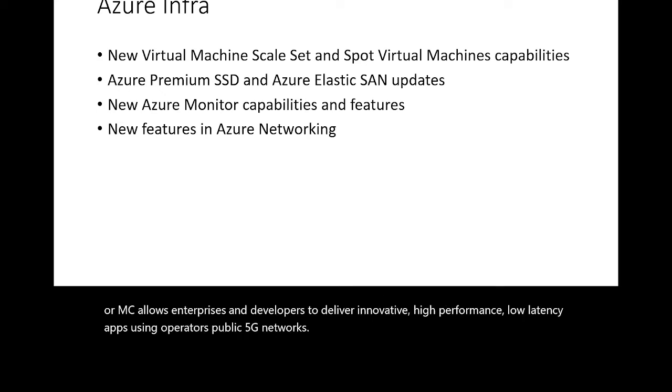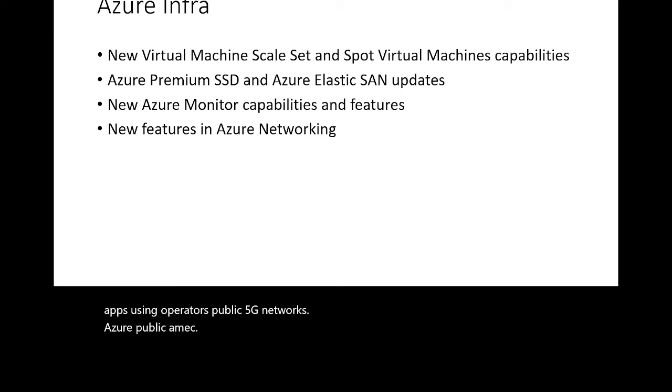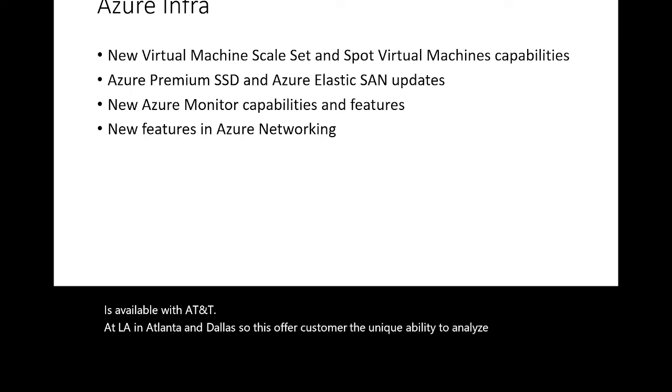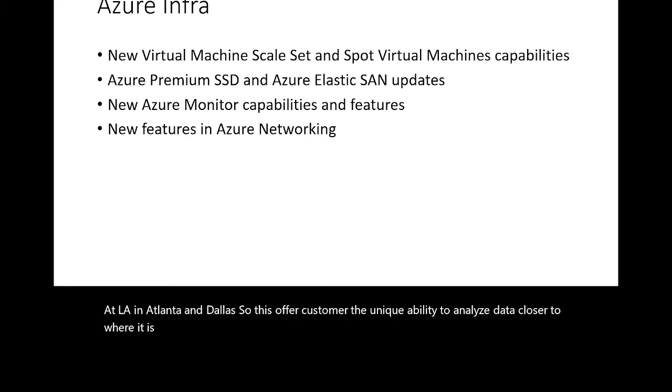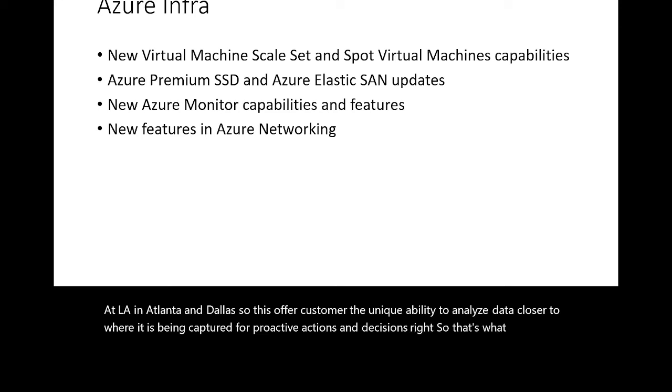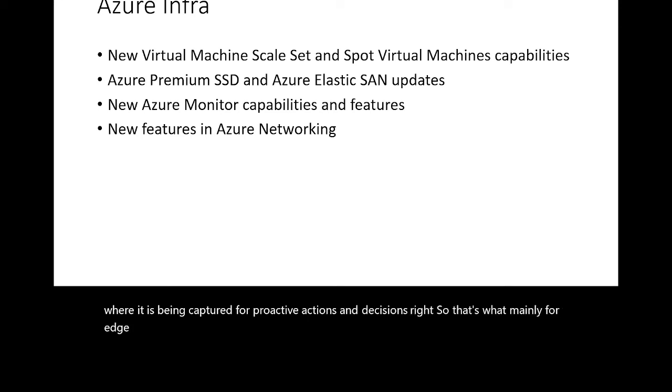Azure Public MEC is available with AT&T in Atlanta and Dallas. So this offers customers the unique ability to analyze data closer to where it is being captured for proactive actions and decisions, right? So that's mainly for edge computing scenarios.